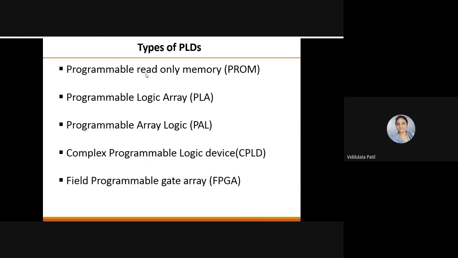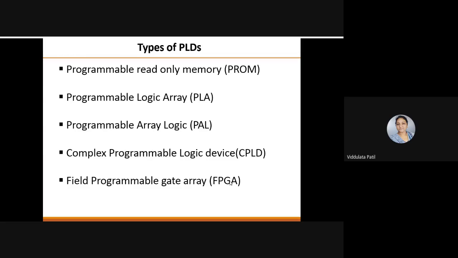Let us first have knowledge about these three types of PLDs, and then we will go for the CPLDs and FPGA. Actually, our main interest is CPLDs and FPGA, because we are going to discuss commercially available CPLDs and FPGAs.